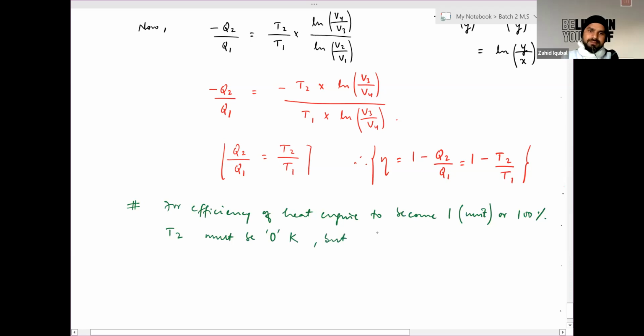But at 0 Kelvin or absolute zero, there will be no existence of matter. Hence, it can't be possible.